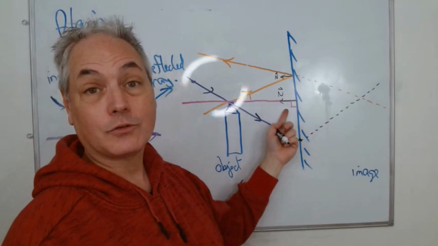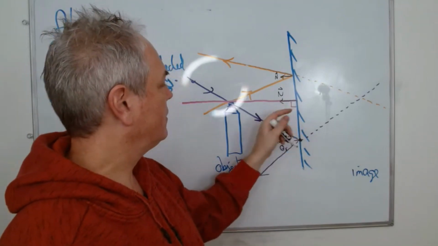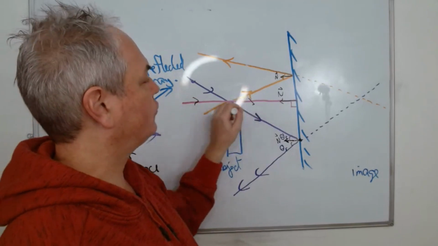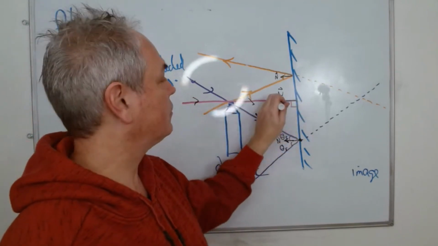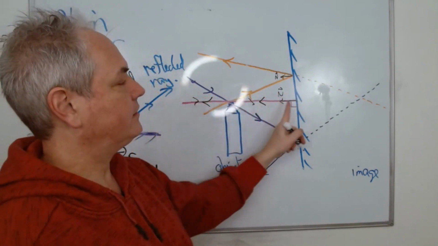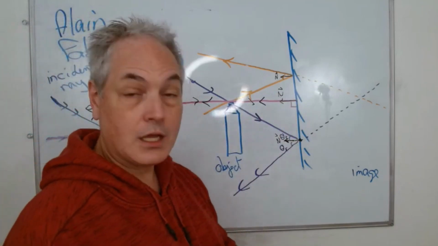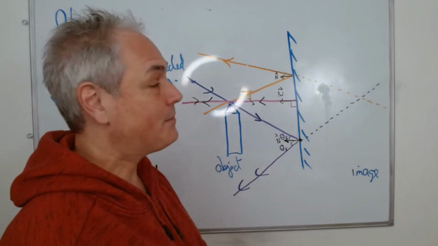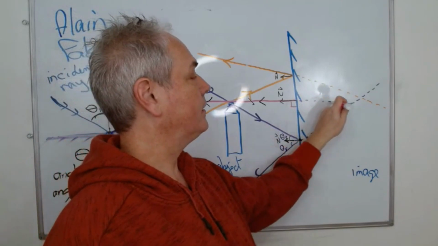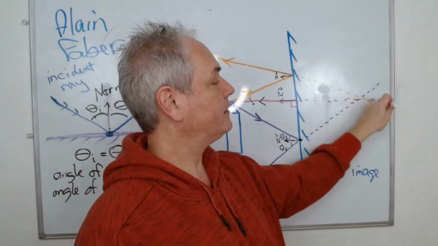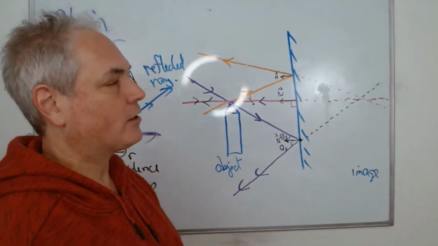That means the angle of reflection also equals 0. And therefore, the light that goes towards the mirror will be reflected on that plane. But that also means that there's an imaginary ray that is going behind the mirror as well.